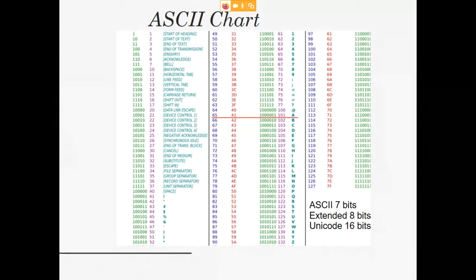All right, another encoding is called ASCII. ASCII stands for American Standard Code for Information Interchange. If we wanted to send the letter A from one computer to another computer, or the letter Q, or a question mark, again, the computer can't handle anything but 1s and 0s.